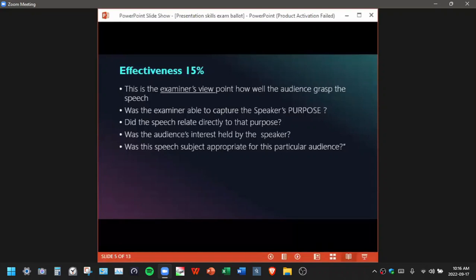So for that, you can ask different questions from time to time, and you can ask them to raise their hands. So you can do certain things to interact with the audience.